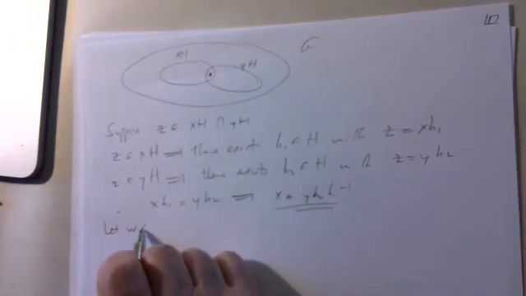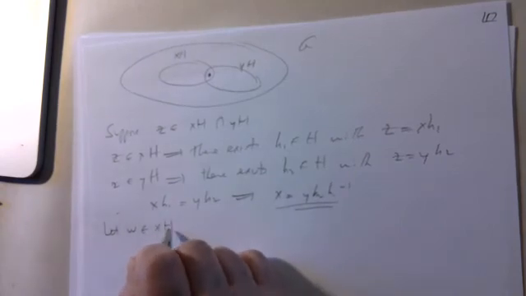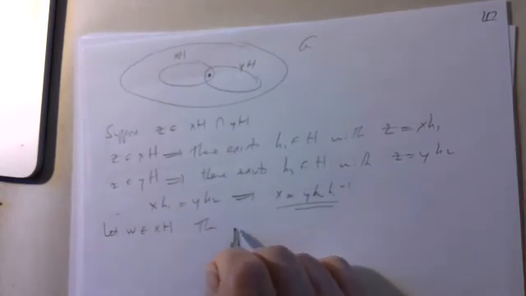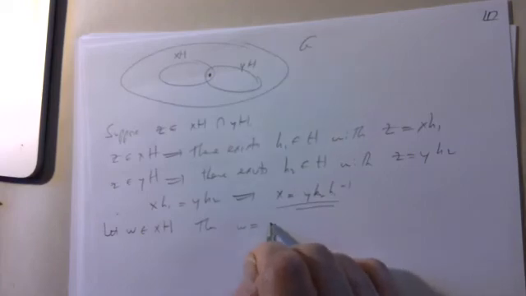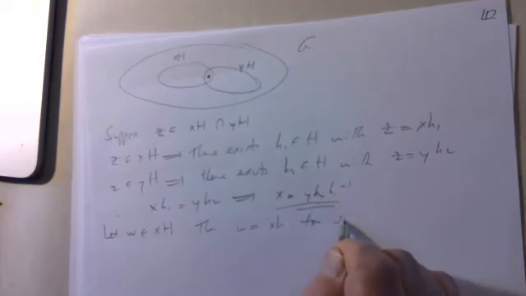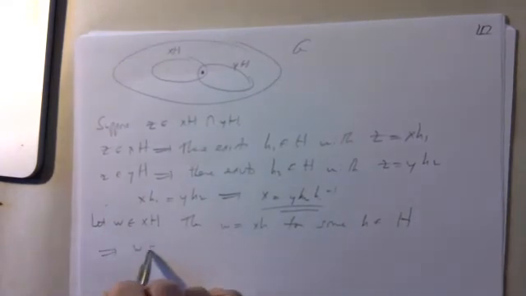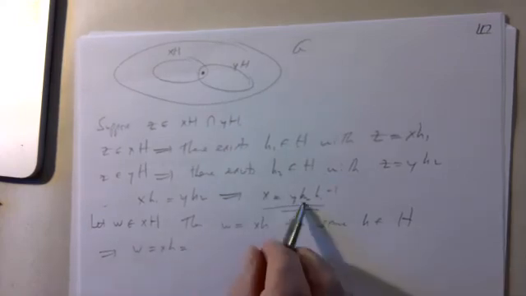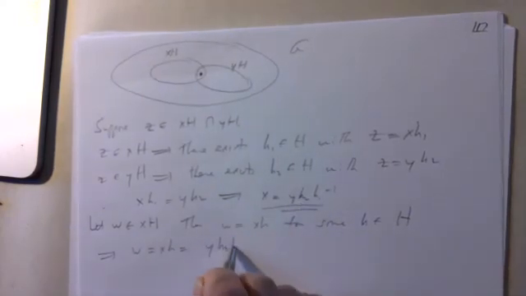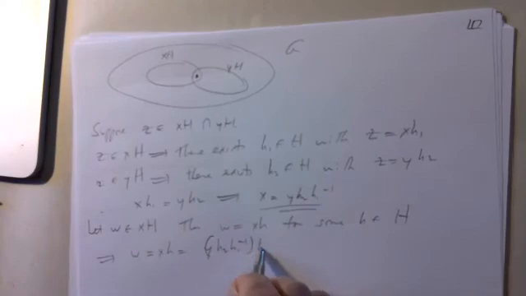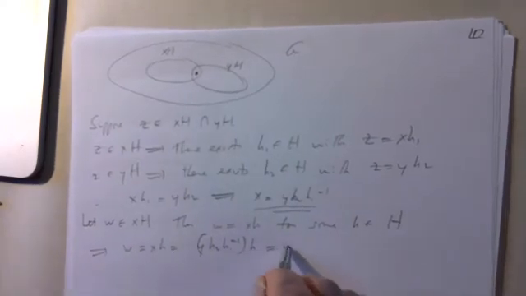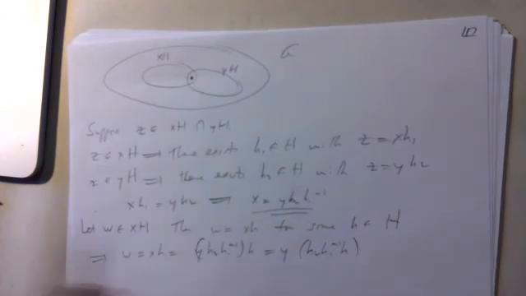So let w be any element in xH. So w is equal to x times h for some h in H. So w, which is xh, but x is y h2 h1 inverse times h, which is y times h2 h1 inverse h.